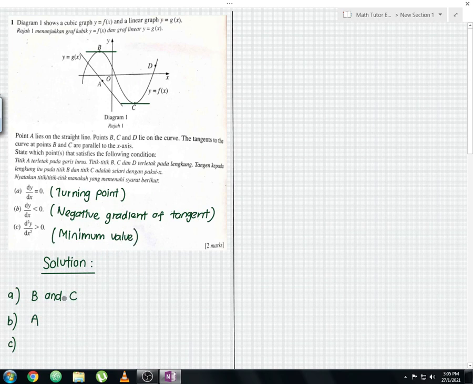So from here, which point is possible to come up with a minimum value? Let us take a look at point A. Point A is not possible since it is a linear graph, so it is not possible to come up with a double derivative.